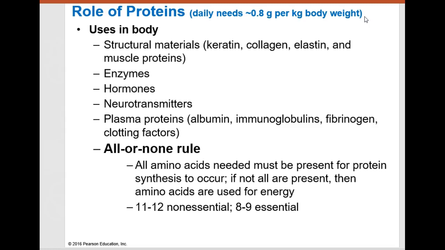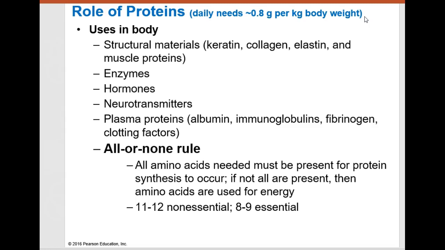So, as an example, someone that is post-surgery or who's had a broken bone would need more protein than the average person, because rebuilding of all those body tissues requires extra proteins, requires extra enzymes in order to make those processes happen, those chemical reactions that actually help repair the body.